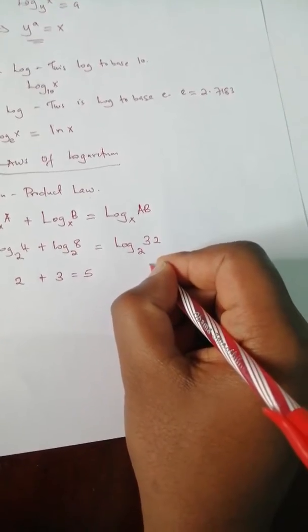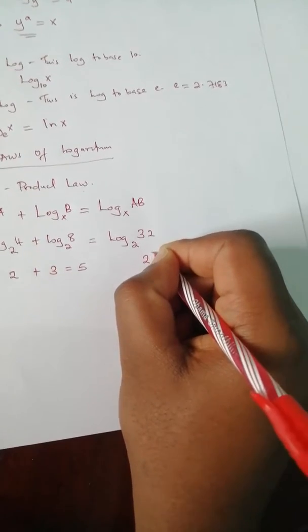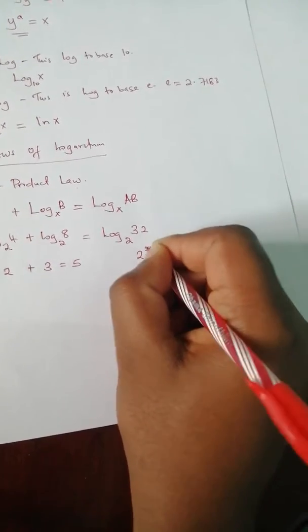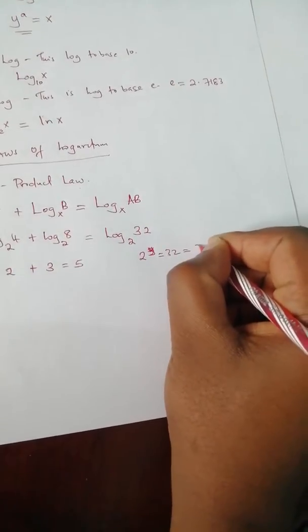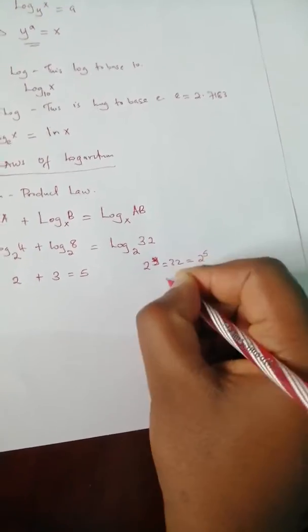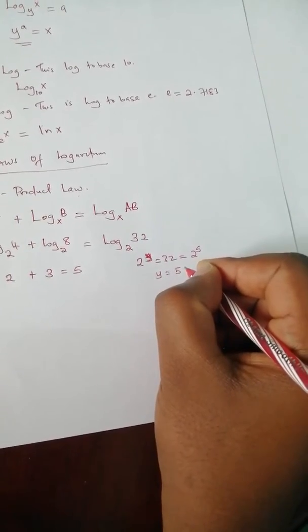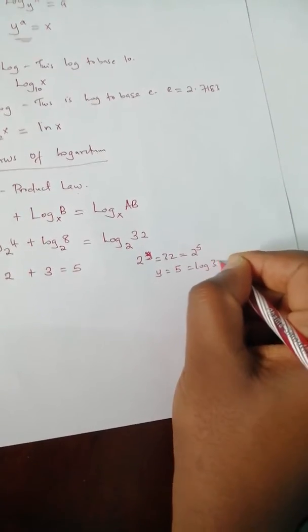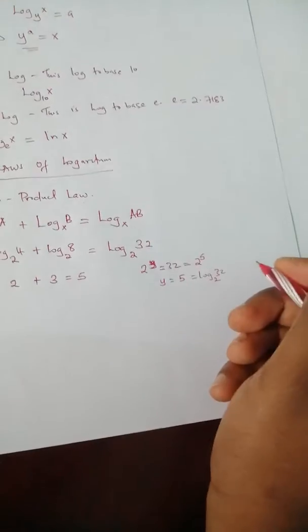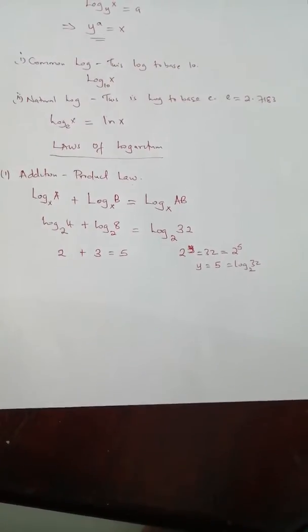Log to base 2 of 32, this implies 2 raised to a certain number, let's call it y, is equal to 32, which is 2 raised to power 5. So y is equal to 5. And what is y? y is log 32 to base 2. Hence we can say that rule is applicable.